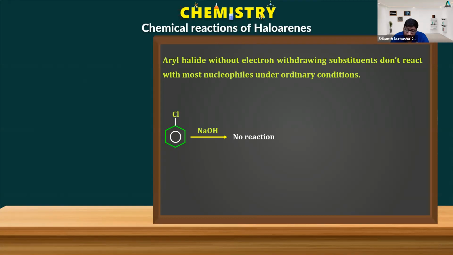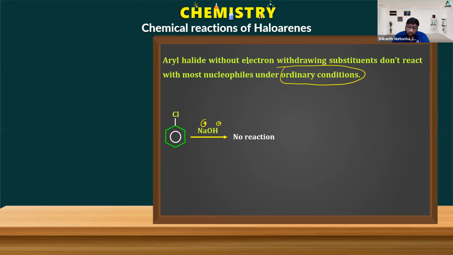Aryl halides without electron withdrawing substituents do not react with most nucleophiles under ordinary conditions. This is important. If you take an aryl halide like chlorobenzene and treat it with NaOH, where OH minus acts as a nucleophile, this OH minus cannot directly substitute at this particular carbon-chlorine bond. Why?